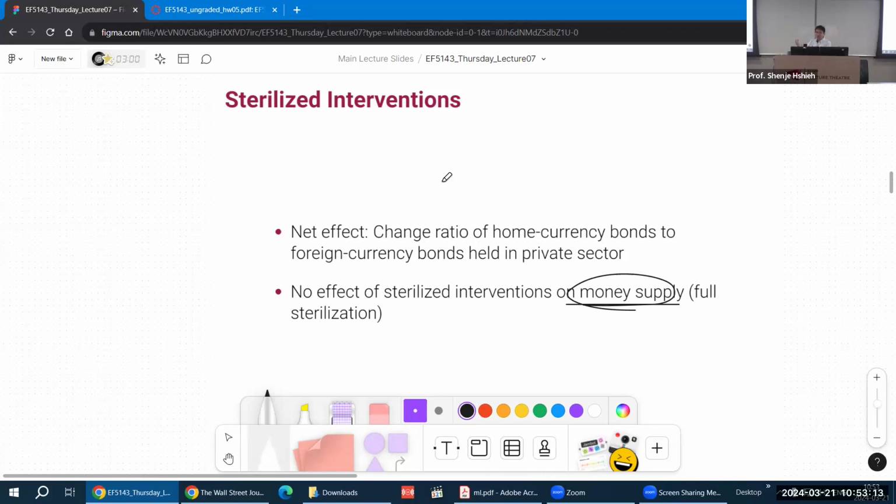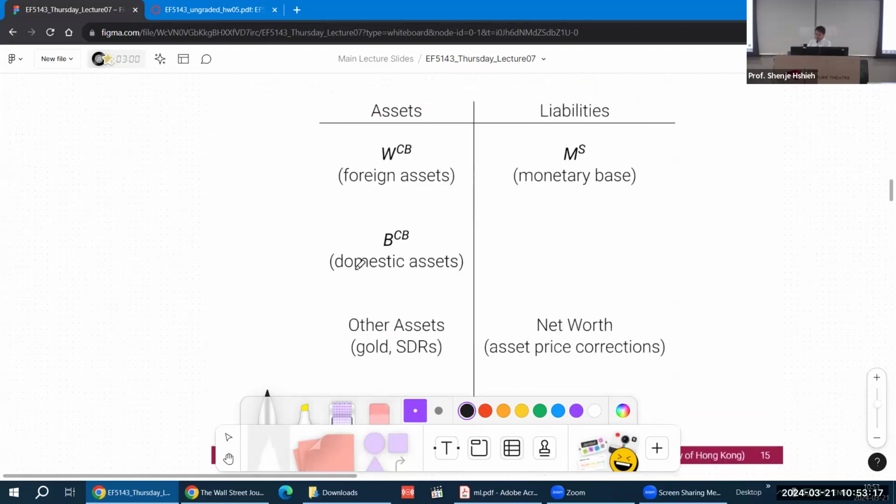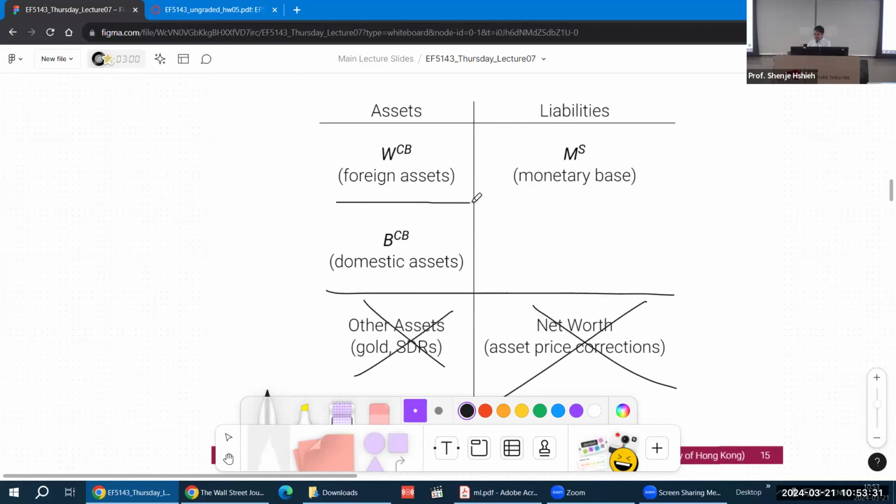Okay, so you can see that on the central bank's balance sheet. Let's do a very simple, very stylized balance sheet. We're not going to think about complicated assets like gold or SDRs, or even net worth differences between assets and liabilities. We're just going to think about two types of assets: foreign assets, represented by the variable WCB, and domestic assets, BCB.